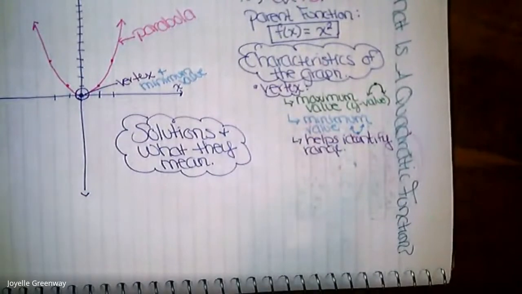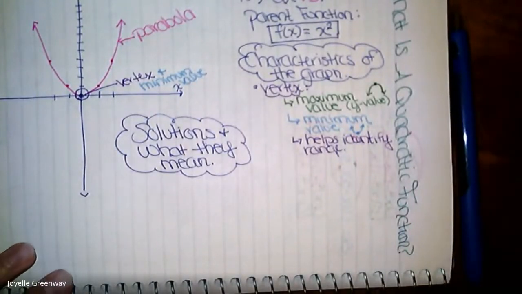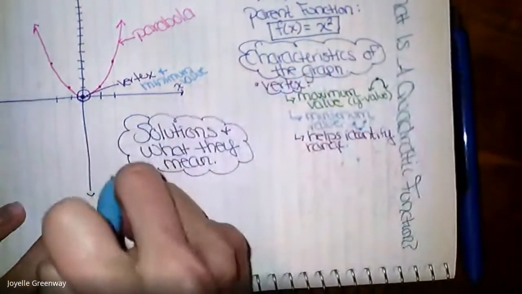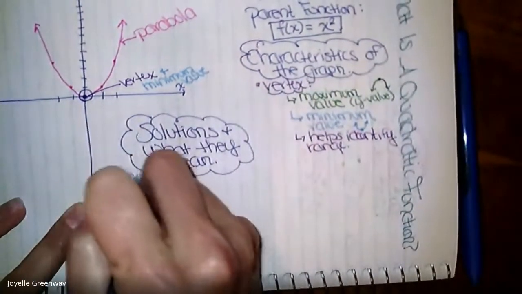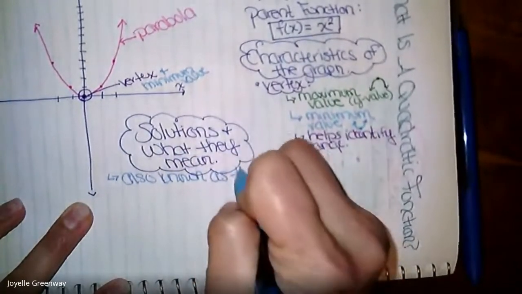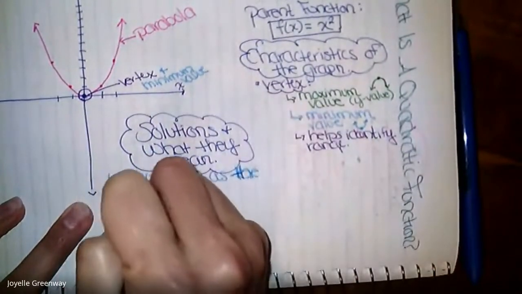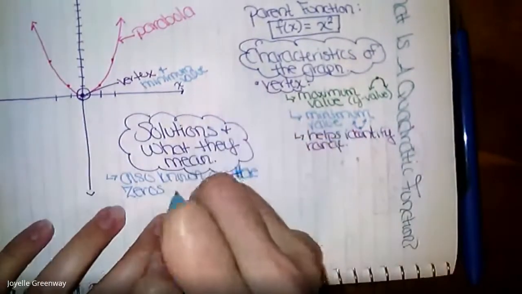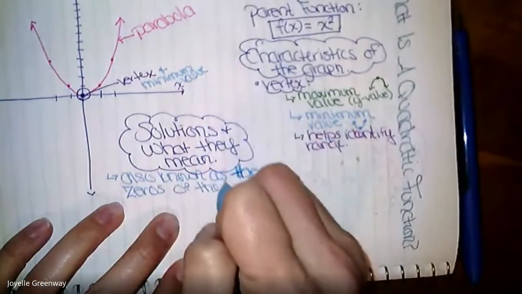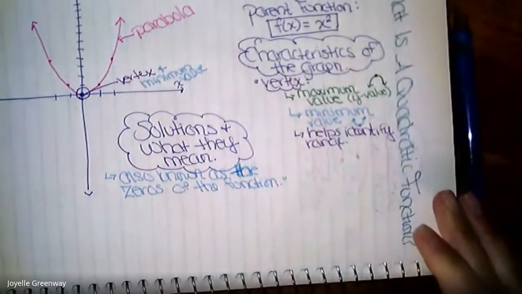So, the solutions, AKA, you need to be able to use these interchangeably. Solutions are also known as the zeros of the function. You're like, great. What the heck does that mean?